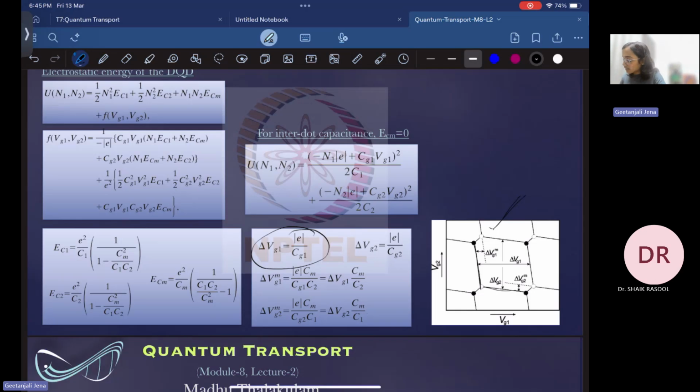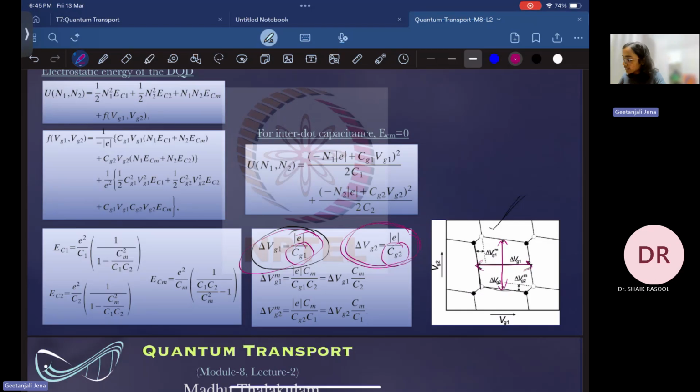If we look at this horizontal line, it means there is a change in gate voltage 1, and this change is related to the capacitance CG1. Similarly, in the vertical direction there is a change in VG2, which is related to CG2.